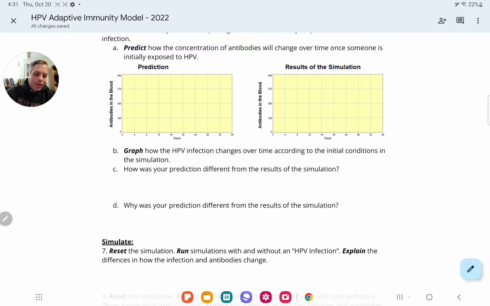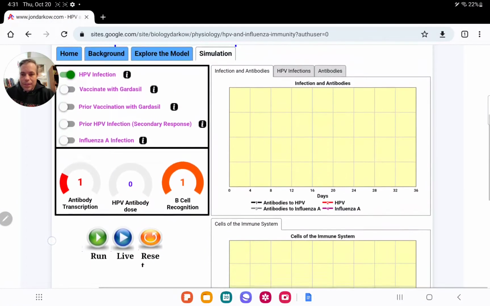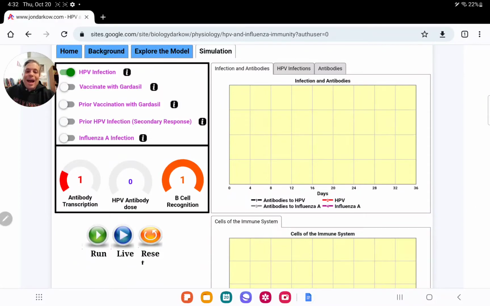So let's see here. Here is the interface. If we have some kind of HPV infection, how are the antibodies going to change over time, and how is the HPV infection going to change over time? What I do with my students is, we're looking at days, and we can run the simulation.